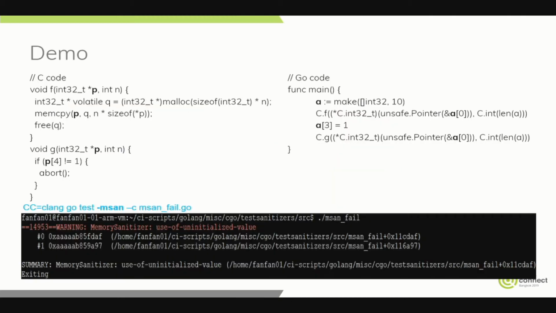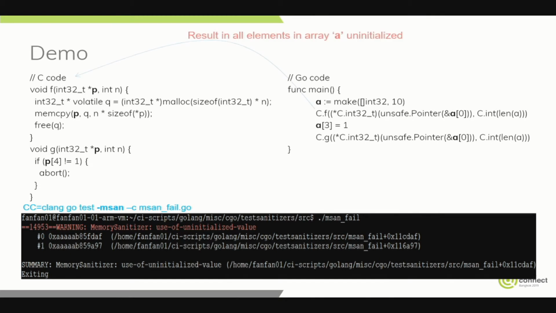Okay, I will show a simple demo of MSan use in Go. The code on the left side is the C code, and the code on the right side is the Go code.